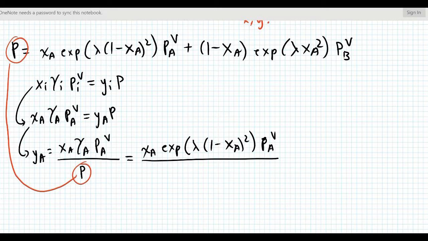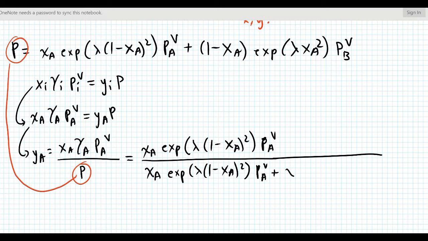We can plug it here and write xa times EXP lambda (1 minus xa) squared PA^V plus (1 minus xa) times EXP lambda xa squared PB^V.